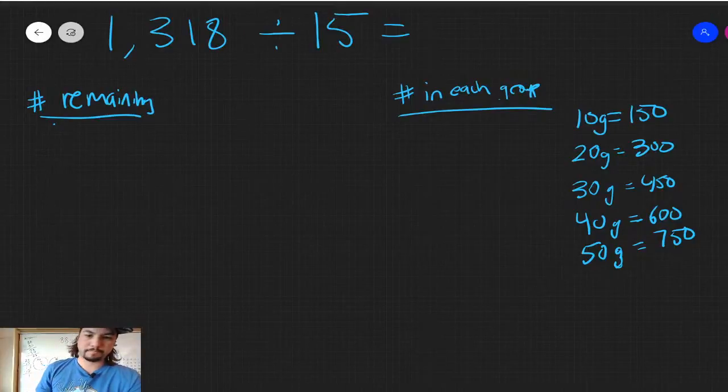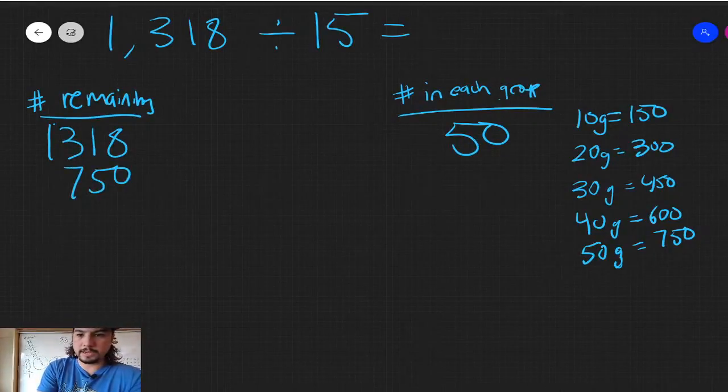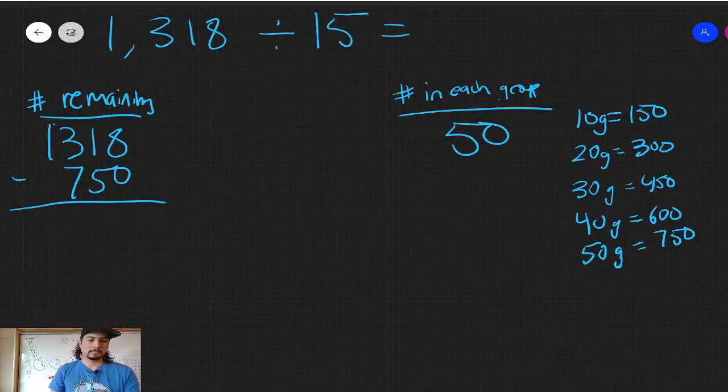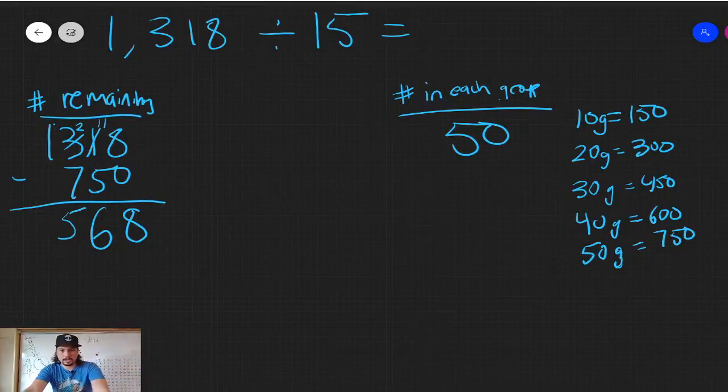Let's start there. So let's start with 50 groups, and then I'm going to subtract 750, because I know 50 times 15 is 750. 11 minus 5 is 6. 12 minus 7 is 5. 568.